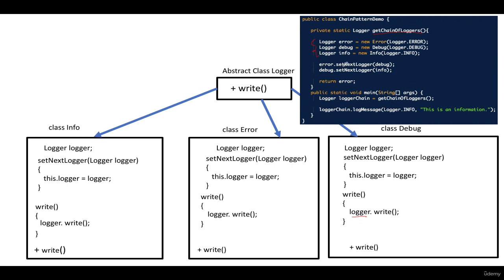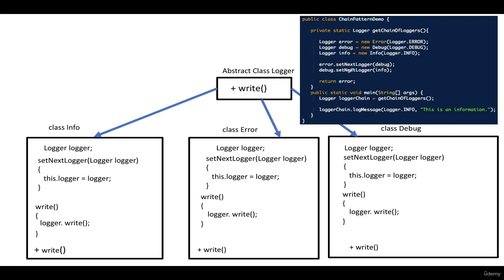And then we are calling the setNextLogger method of all these classes. So first we call error.setNextLogger, that is the setNextLogger method of the error class. And here we are passing the instance of debug. It means in this logger we are setting the instance of the debug class.